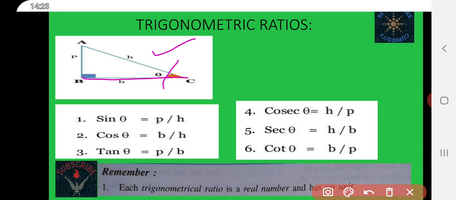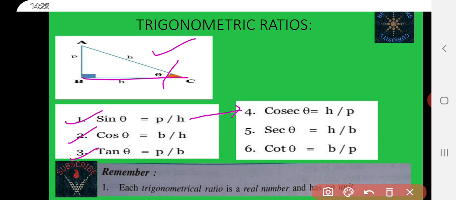You can easily remember in this way: sin theta equal to P by H, cos theta is equal to B by H, tan theta is equal to P by B.